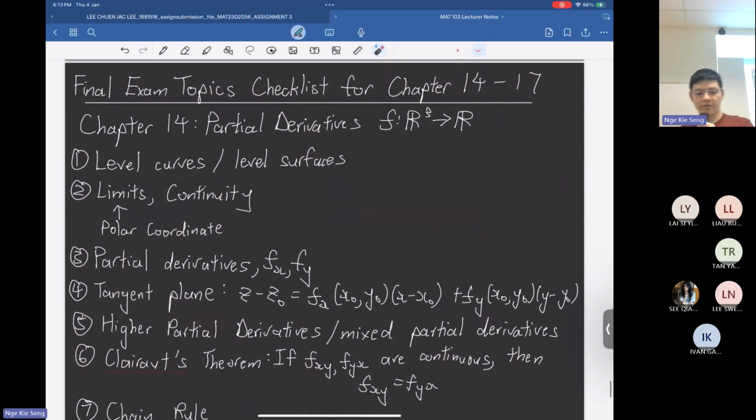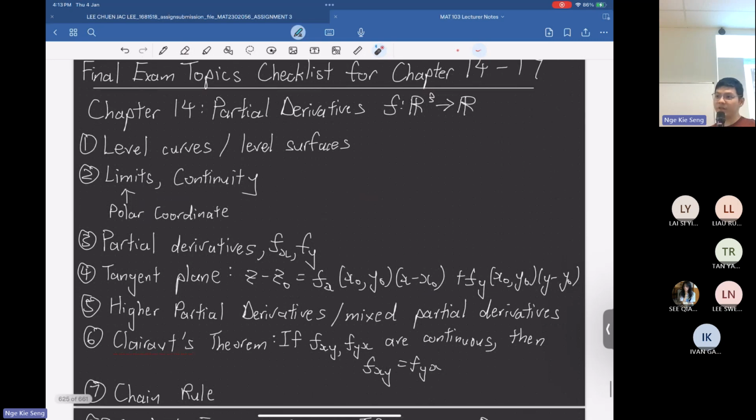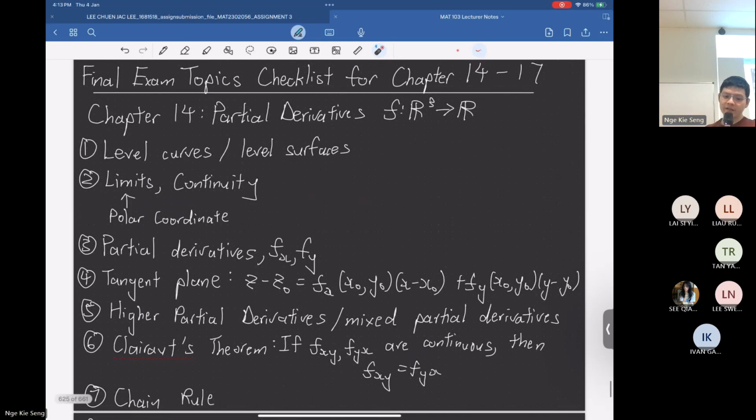So we start with partial derivatives, or actually parametric equations, but the main thing is partial derivatives. What have you learned? First you learned about level curves and level surfaces, and then limits and continuity. After limits and continuity, we can do differentiation, which is the partial derivative. And then we find the tangent plane.